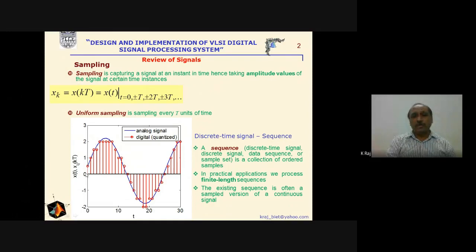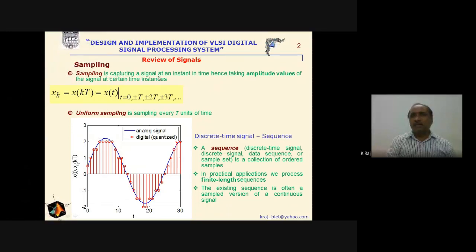So if we see here, in place of the continuous time signal, we are now selecting only the discrete values, not the continuous values. It means we are selecting the samples of the signal, and this phenomenon is known as sampling. So what is sampling?